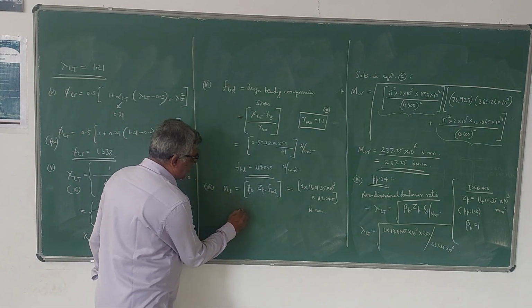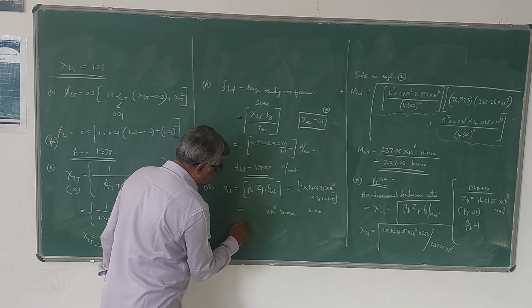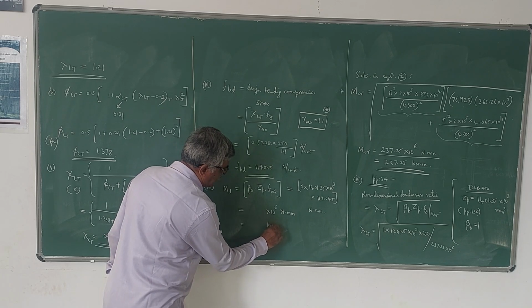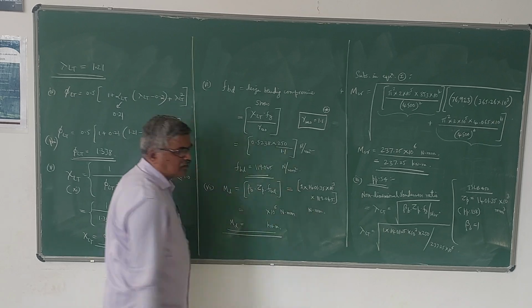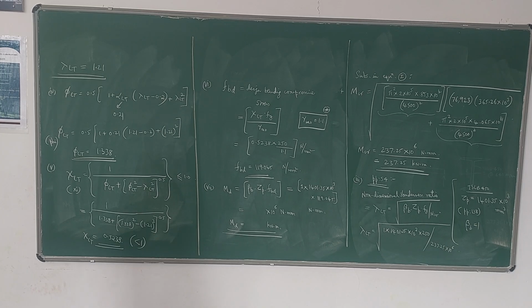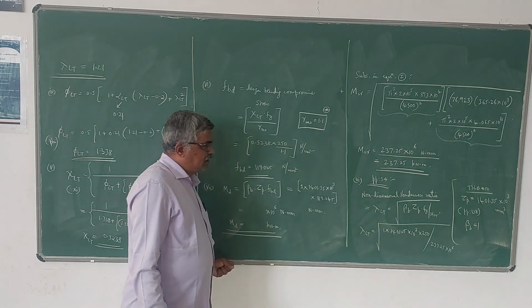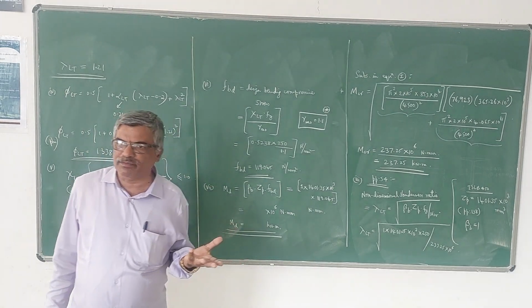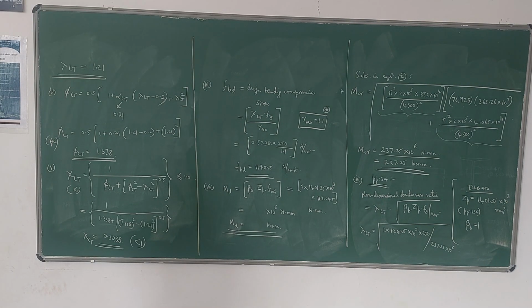Divide by 10 power 6, and it comes in kilonewton meter. This is the final value, the last answer. That means it is the design bending strength of that ISLB 450 when it is used over a span of 4.5 meters. The section is to take load, that is the moment it can take, that is the meaning. What is the value you got?